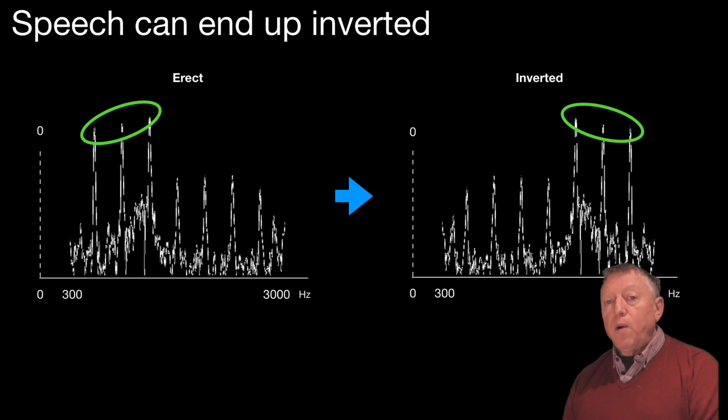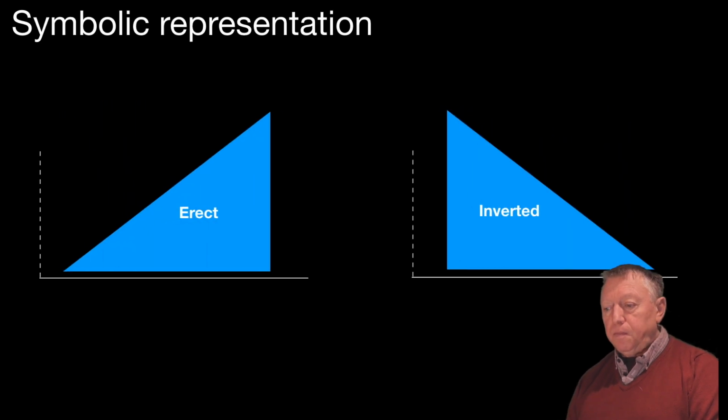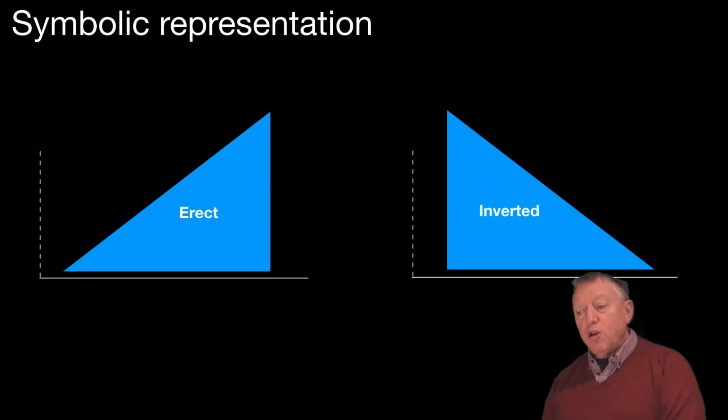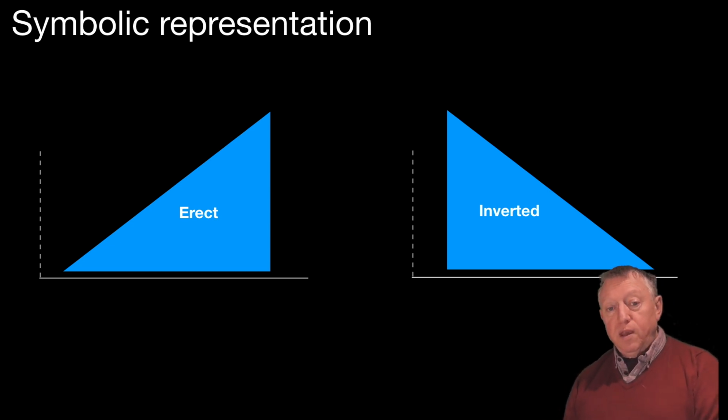Now, it's useful to have a way of representing this as we go through block diagrams of transmitters and receivers. And so we use a symbolic representation. It's something like this. The sidebands are shown erect with the triangle on the left and inverted with the triangle on the right.